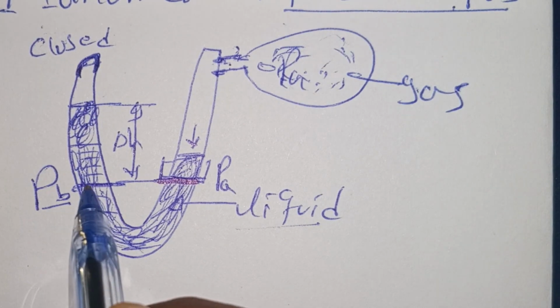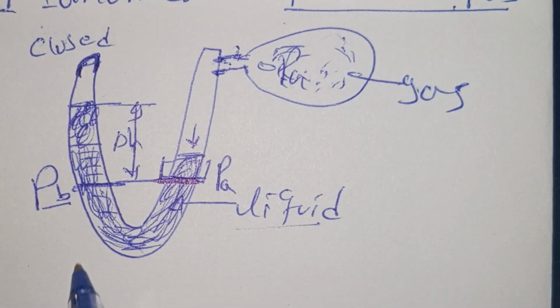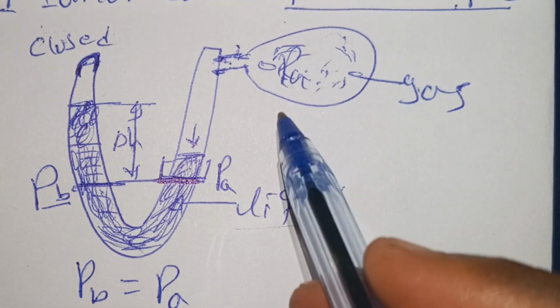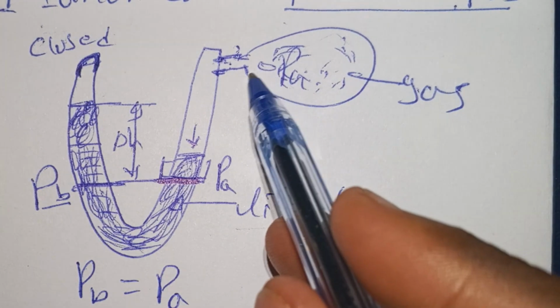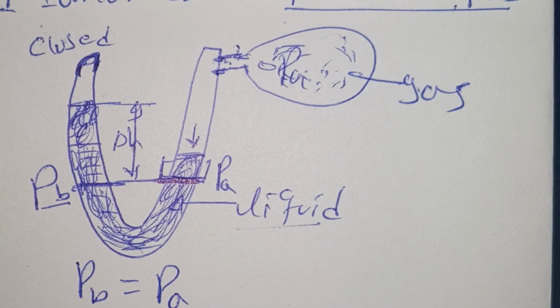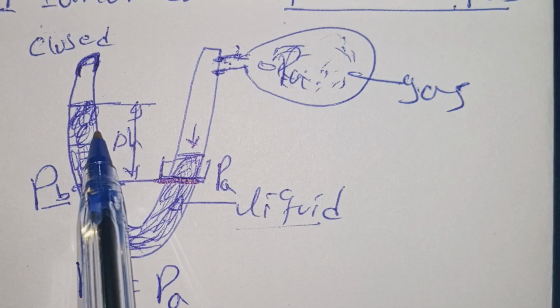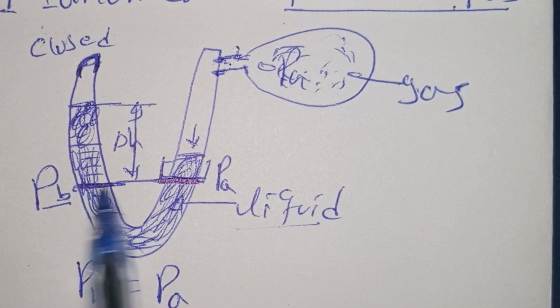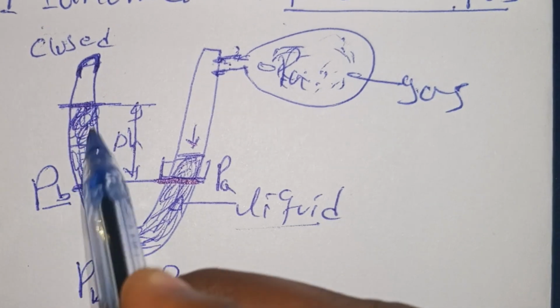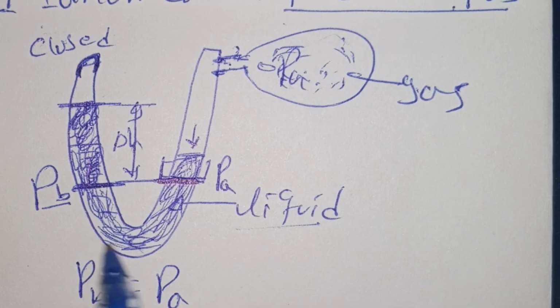Then by hydrostatic equilibrium, the pressure at point B must be equal to the pressure at point A. The pressure at point A is the pressure of the gas which is pushing the liquid column in this tube or manometer, and the pressure at point B is the pressure due to the column of this fluid with a density rho.